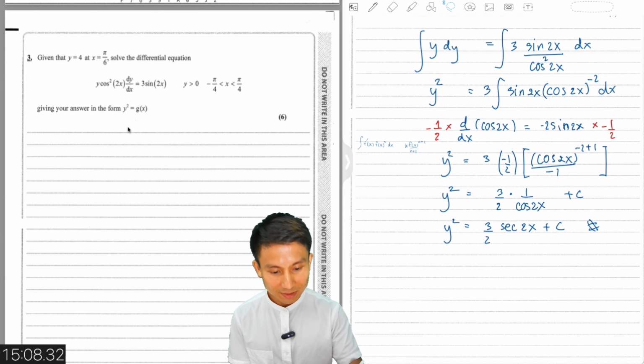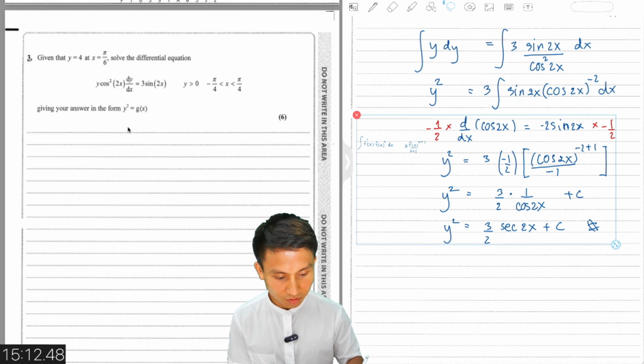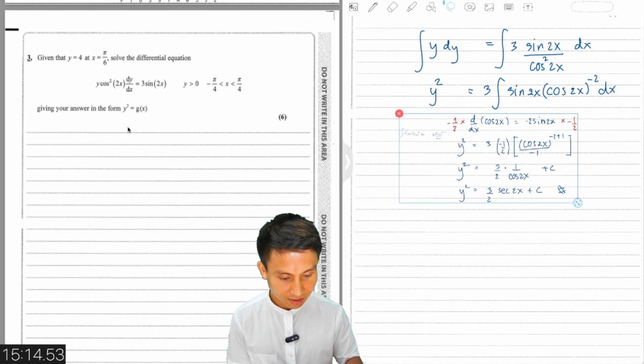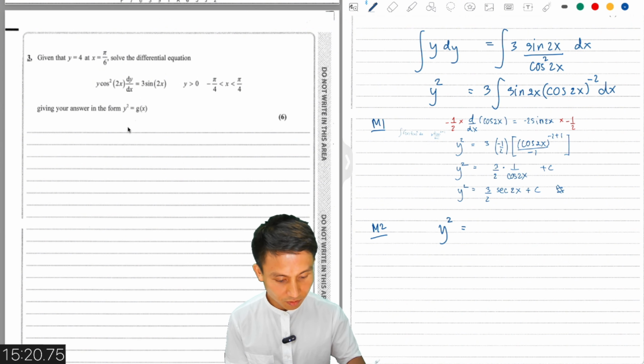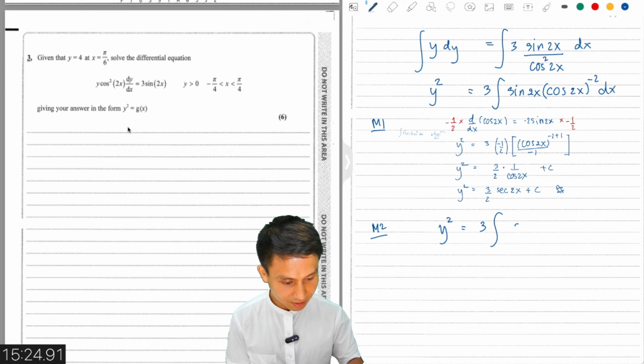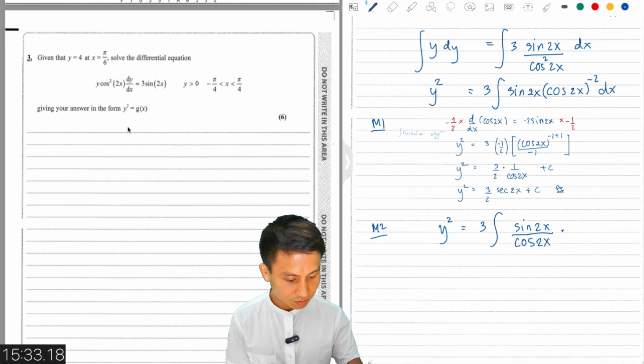Let's see the second method, because I just spotted that we could also use some trick identity. So this is method 1. Let's do method 2. So y squared equals, okay, I spotted that this could be rearranged as cos squared down here, but I split into two terms, so sine over cos and another 1 over cos 2x here.